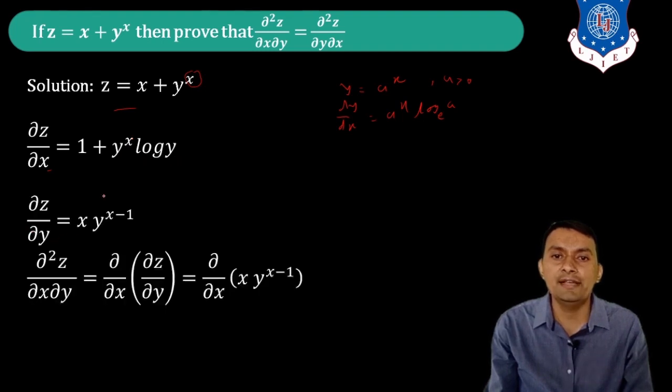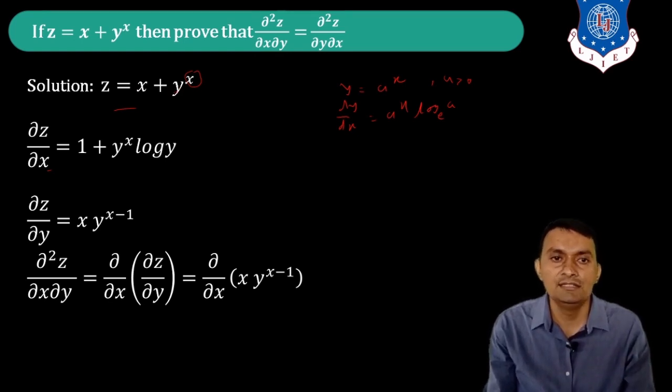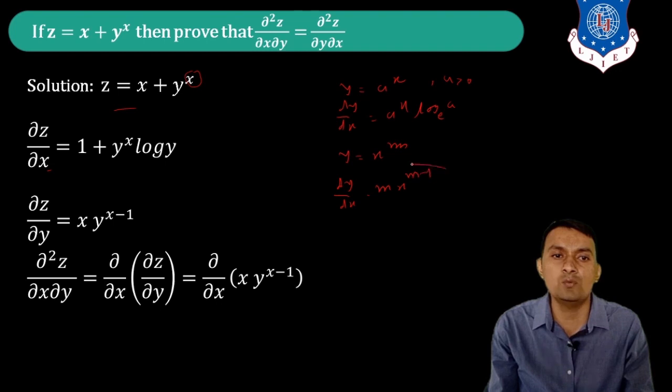Now the derivative with respect to y: x is constant, so it is 0. And for the other term, derivative with respect to y, you are already familiar with y equal to x raised to m, whose derivative with respect to x is m into x raised to m minus 1. Using this concept, here we have a power and a constant because we want the partial derivative with respect to y.